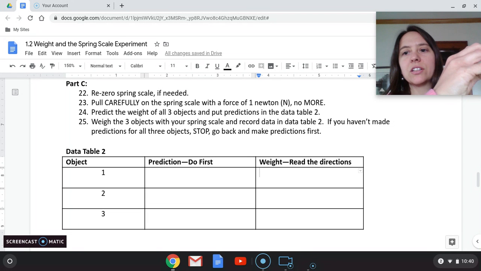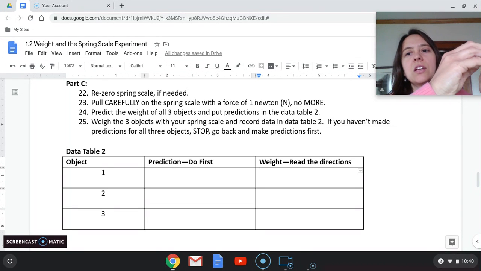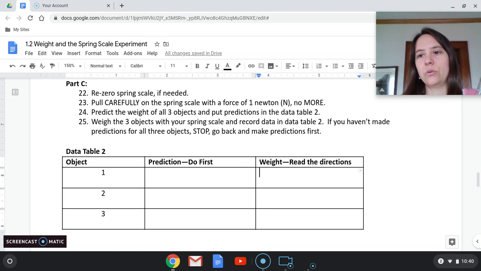So there are 5 little divisions between 2 and 3, so the value of each division is 0.2 newtons. So it is 2.8 newtons. Please write 2.8 newtons right here.